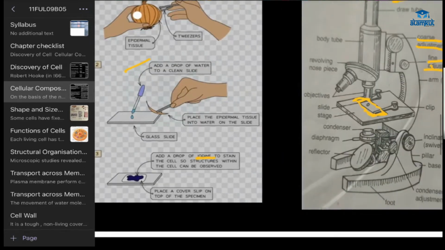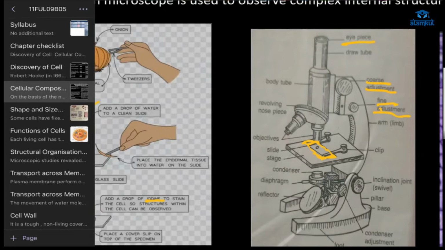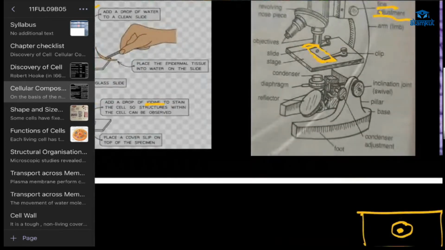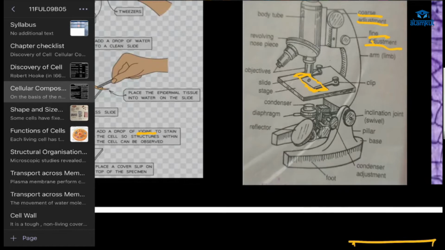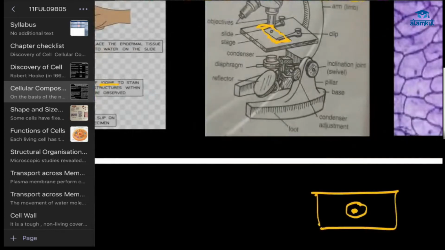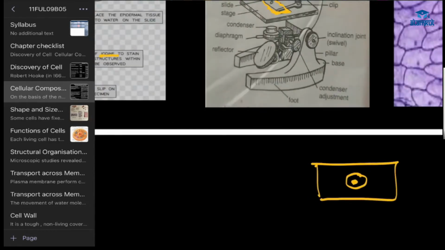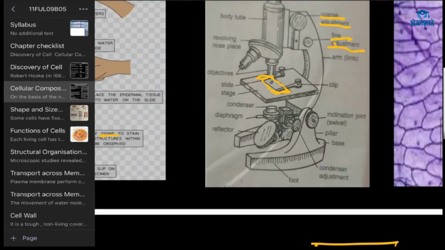Then we take that glass slide and put it on the stage of the microscope. This is called a compound microscope or light microscope because it uses light to focus. Here we have the eyepiece, from where we put our eyes to see, and the coarse adjustment. We have to focus the specimen, right? That is coarse adjustment. And in fine, we find the complex structure inside. If we want to see the inside complex structures, we use the fine adjustment.